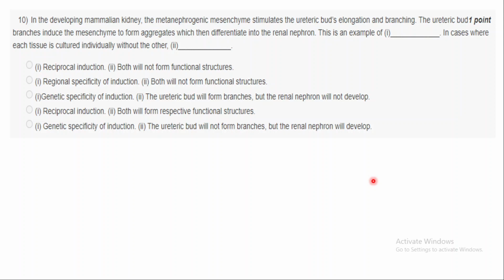So I urge you to read the paragraph carefully and then decide your answers. What is the general phenomenon of nephrogenesis known as, is an example of what kind of induction, and when each tissue is cultured individually without the other, what will happen?